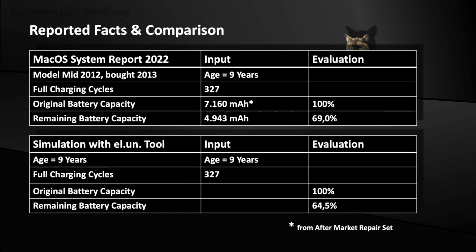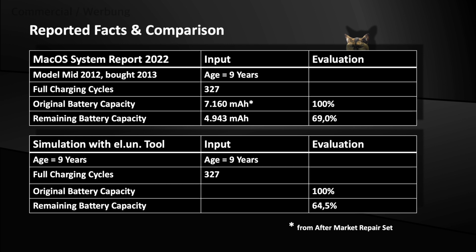I think this is mainly for two reasons. First, the quality of Apple's lithium-ion batteries is probably better than the average, and second, I managed to avoid high or low temperature and deep discharge during the years.